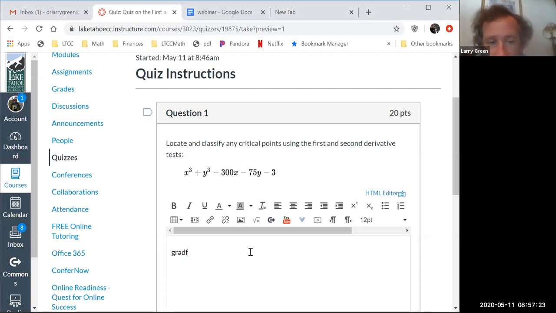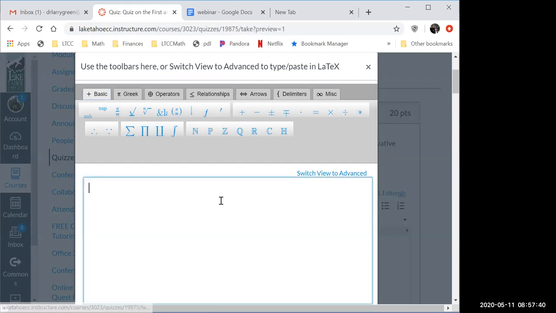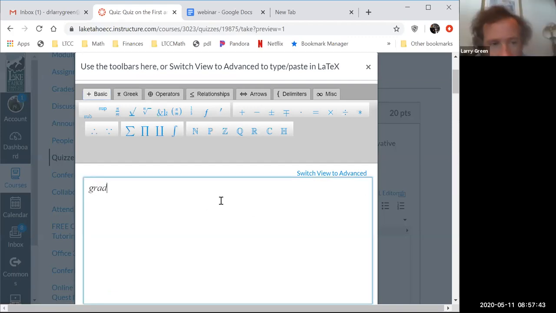I didn't call it f because I didn't have time, but the grad f is equal to, well, you take the derivative with respect to x, and what do you get? 3x squared minus 300.